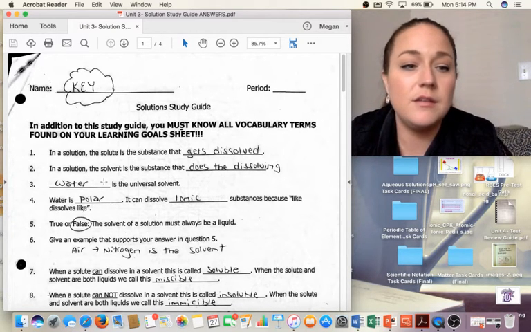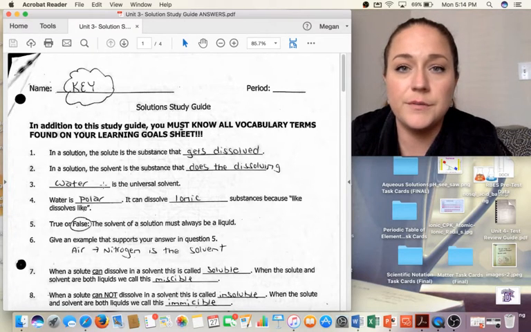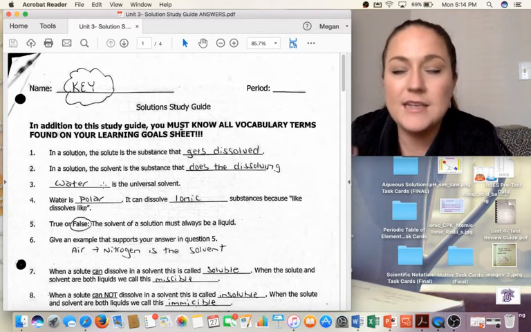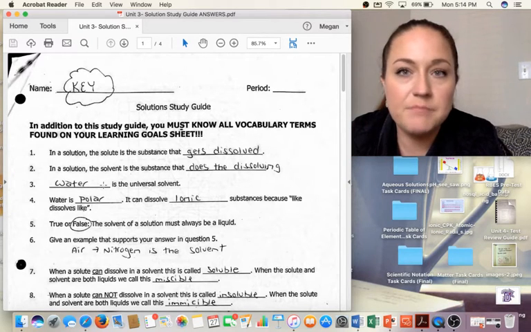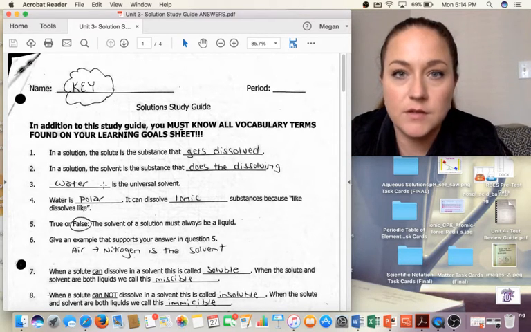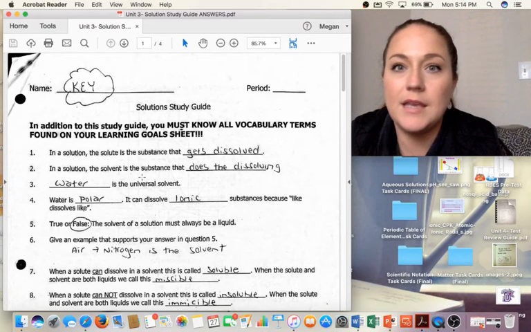Remember that the most universal number one solvent in the world is water. So the water, H2O, as the solvent, takes and pulls and does the dissolving of, let's say, sodium chloride, salt. Again, that process is solvation.